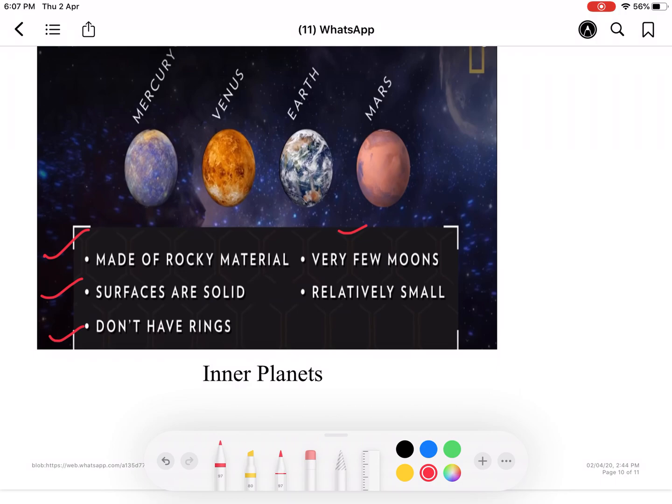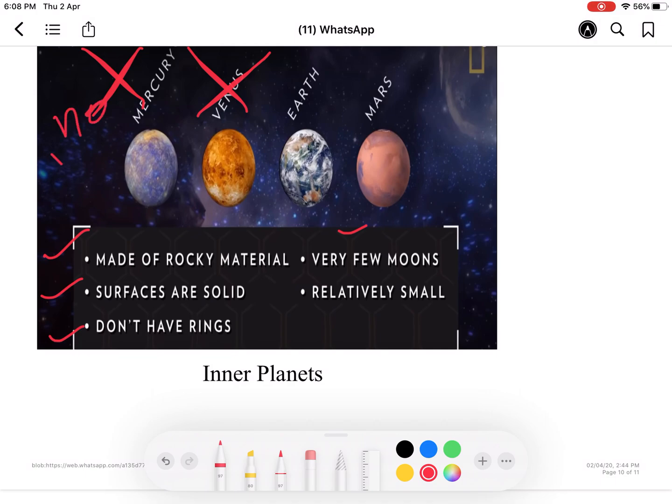moon. We know that the moon is a celestial body, and the moon is also a natural satellite of the planet. As the planets revolve around the sun, the moon revolves around the planet. Like Earth has the moon as a natural satellite and the moon is revolving around the Earth. So out of these 4 inner planets, Mercury and Venus don't have any moon.